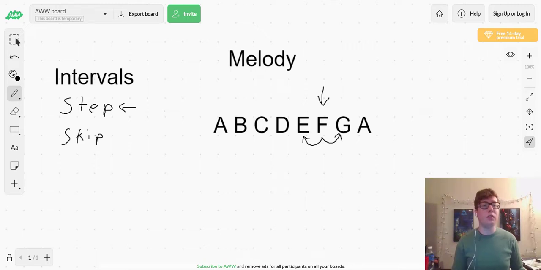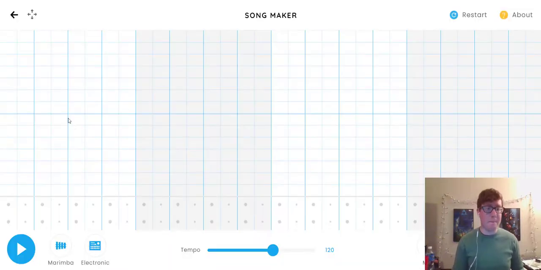Alright, well let's jump over to our Chrome Music Lab. We've all seen this at least a little bit before. I'm going to start right there with my red note. Next, I'm going to look at the one that's directly higher and lower than it. Right above our red note is going to be orange, so red to orange is going to be stepwise. And then we can go back down the same way.